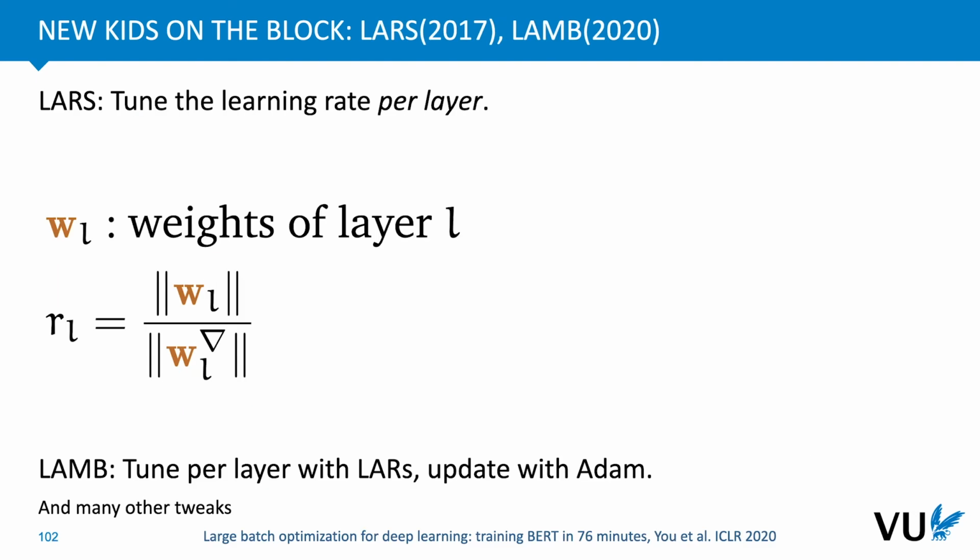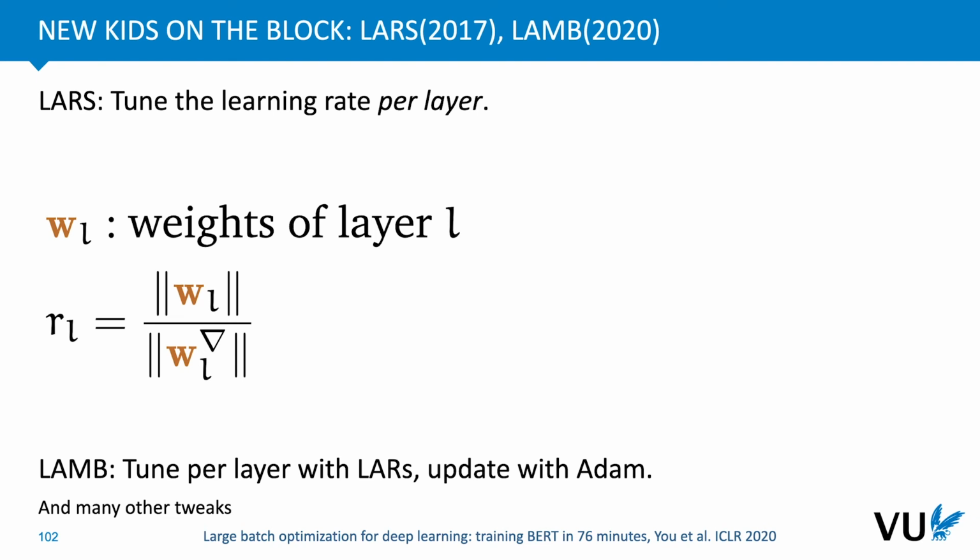Finally, another optimizer that is gaining in popularity, the LAMB optimizer, which is based on the older LARS optimizer from 2017. And the idea of LARS was to tune the learning rate not per weight, but per layer. So we look at the weights of layer L, and we compute this ratio here, the norm of the weights over the norm of the gradients.